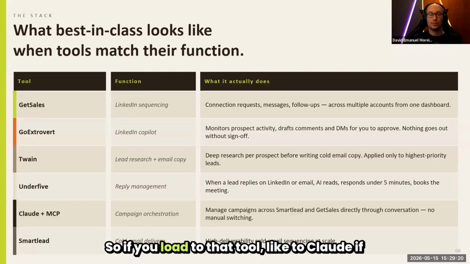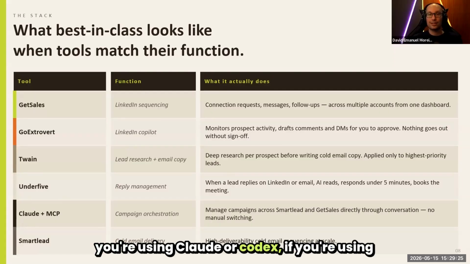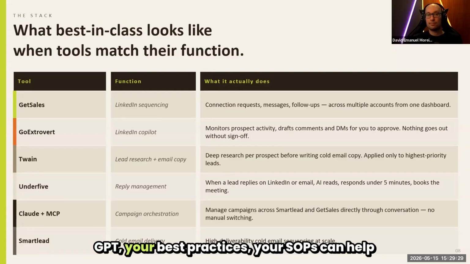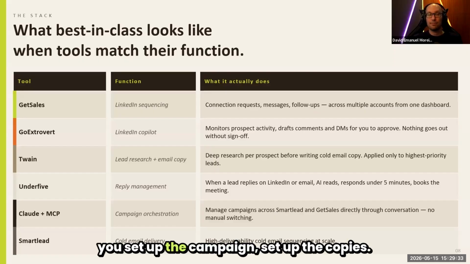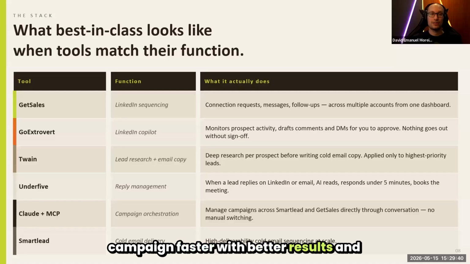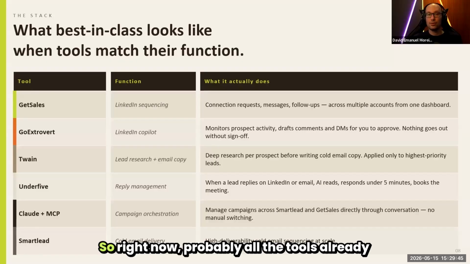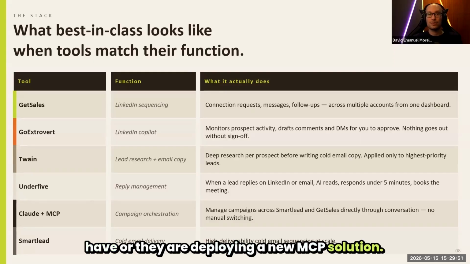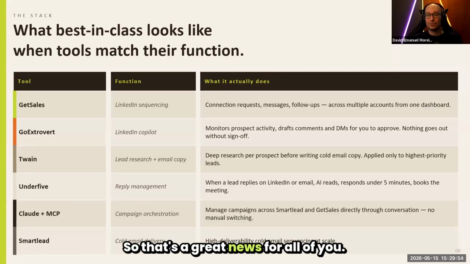So if you load into that tool, like Claude if you're using Claude, or Codex if you're using GPT, your best practices and your SOPs, it can help you set up the campaign, set up the copies, and speed up the process to actually deploy the campaign faster with better results and without investing so much time. So right now, probably all the tools already have or are deploying a new MCP solution. That's great news for all of you.